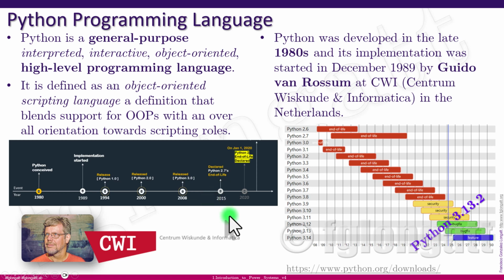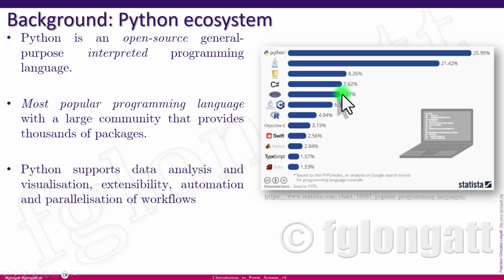So 2020 is the end of life for Python 2. And today, 2025, well, the last release that you can download from python.org is 3.13.2.